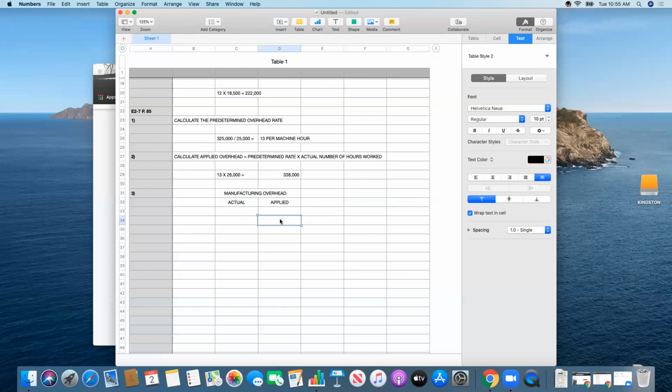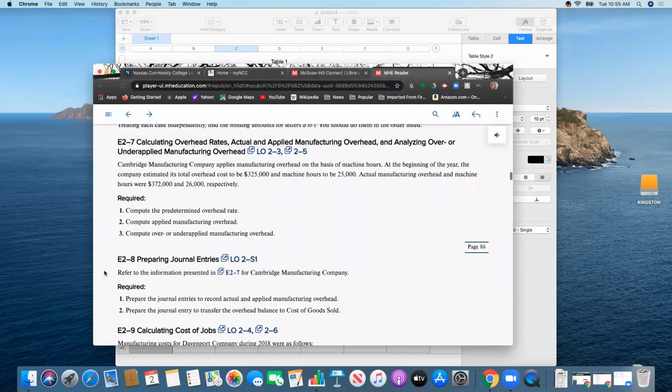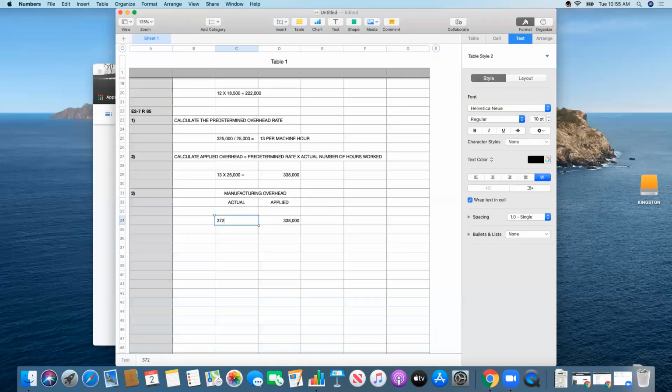So the applied is this 338. The actual was 372, right? So the actual was considerably higher than the applied or estimated. So what's the balance in the account? 372 minus 338 is 34,000.